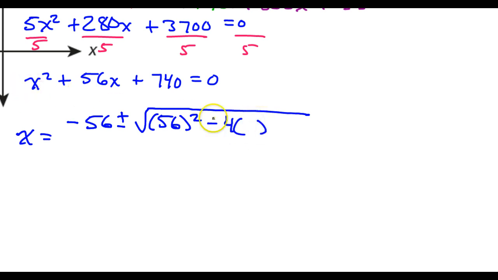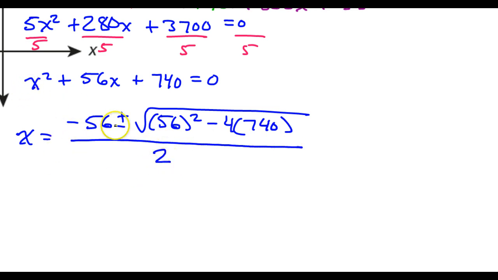Now a is 1, so I don't need to write that down. So I'll just do c, which is 740, all over 2a. Well, 2 times 1 is just 2. So this is going to get me my answers.